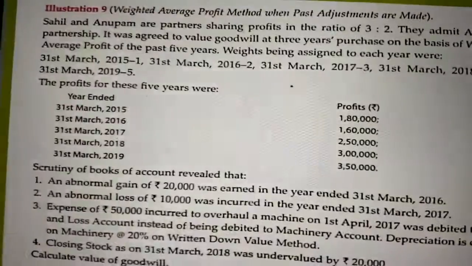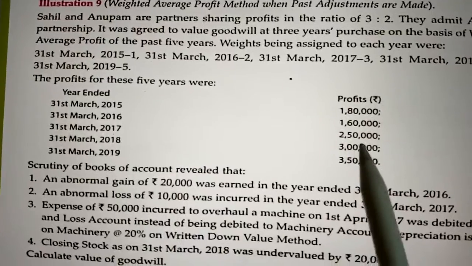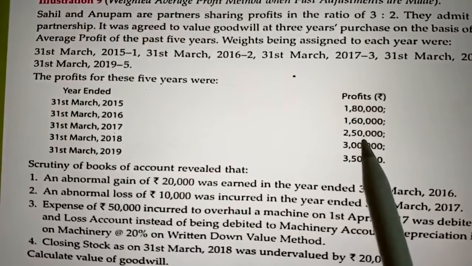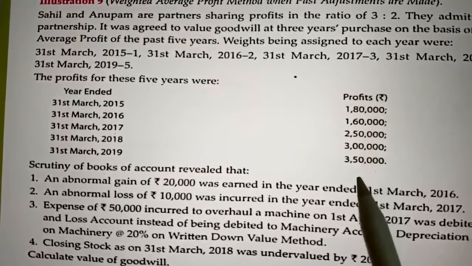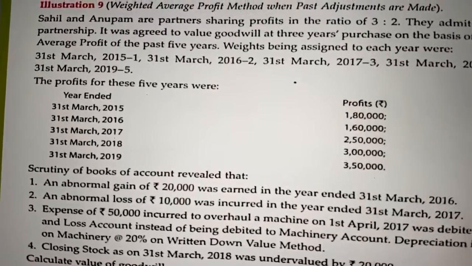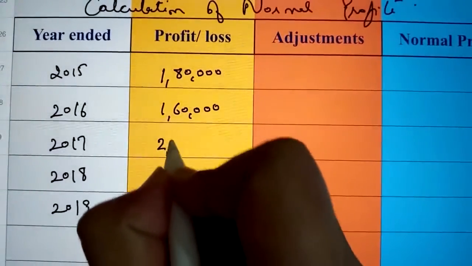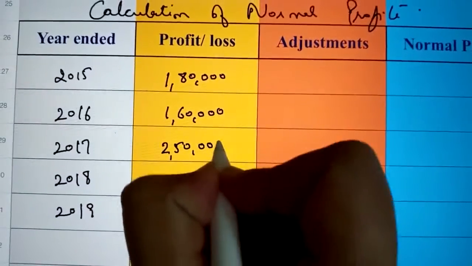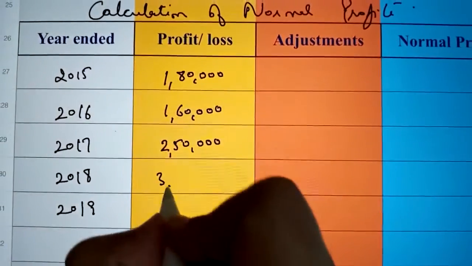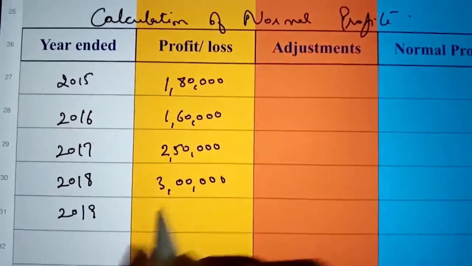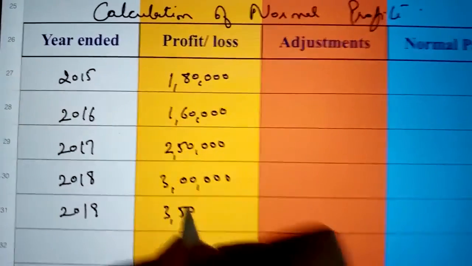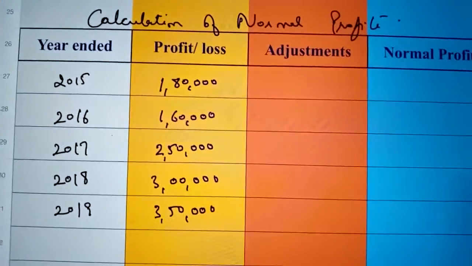For 2017, the profits are given 2,50,000, then 3 lakh, then 3,50,000. So next we will write for 2017 it is given 2,50,000, then 3 lakh, and then 3,50,000 is given to us.